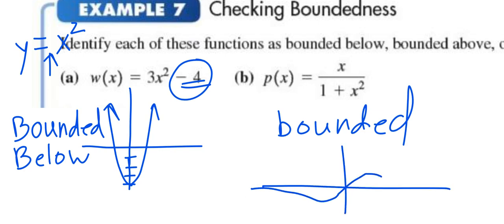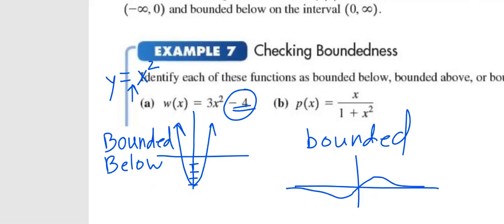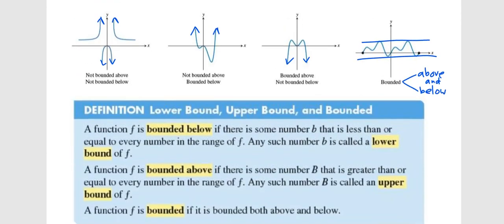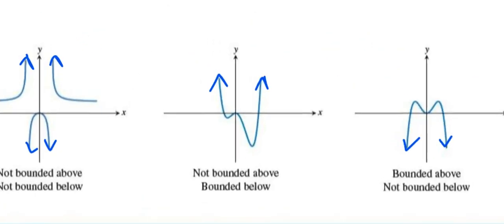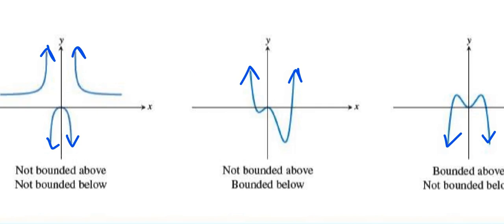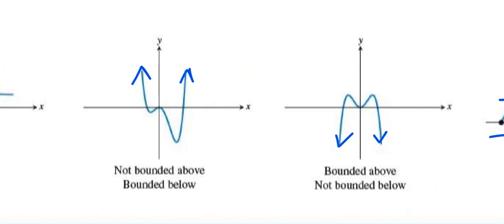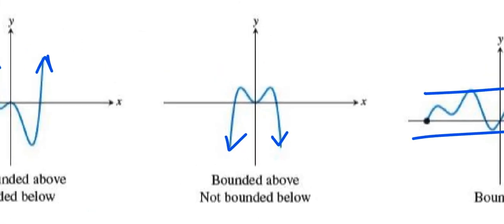I missed those definitions earlier. We talked about how this one was not bounded above because it keeps going up and up and up. It is bounded below. And so, just to finish this, this other graph would be not bounded below, but does have a boundary over the top.